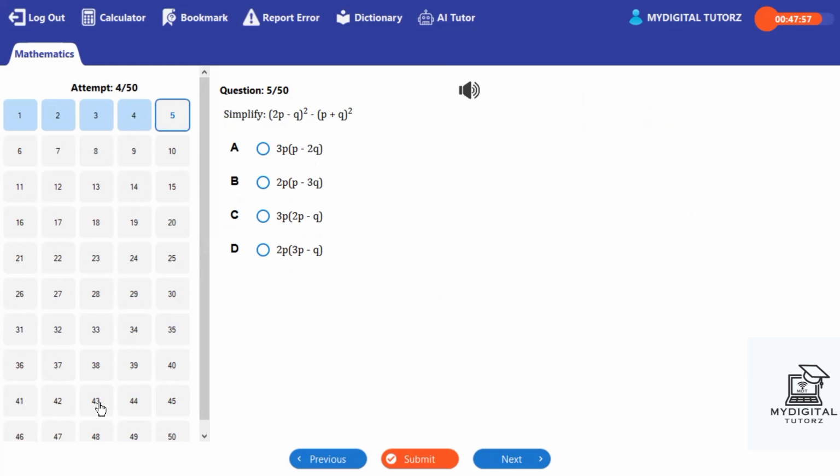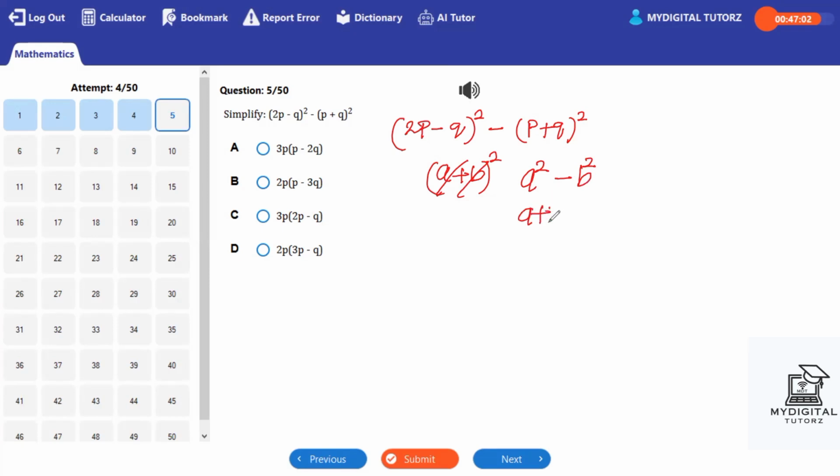We are given 2p minus q all squared, minus p plus q all squared. So this is a difference of two squares. For instance, if I have a squared minus b squared, this is the simplest one, it will be written as a plus b, into bracket a minus b.